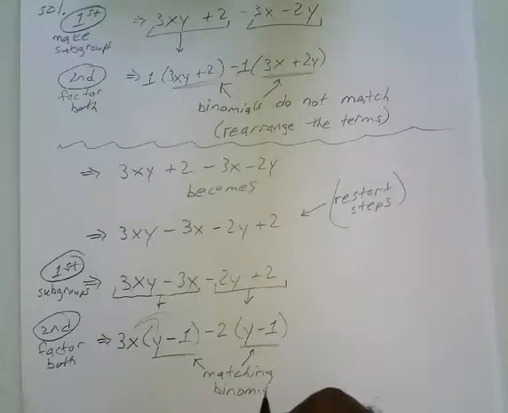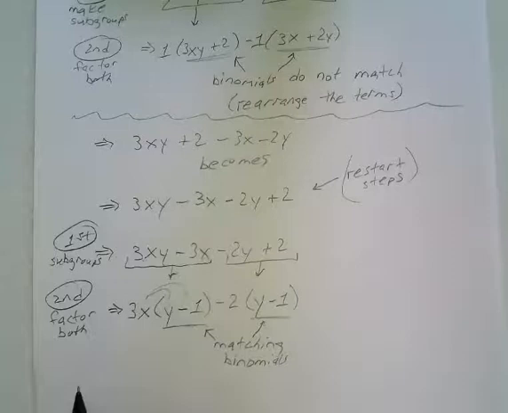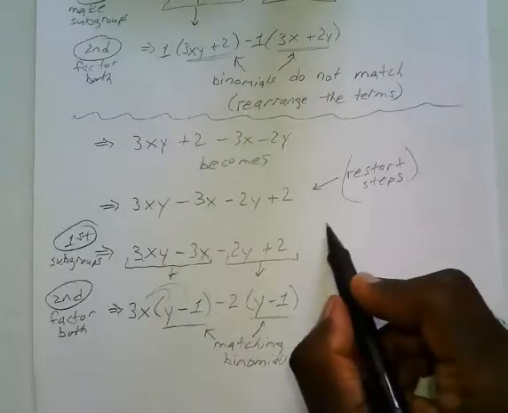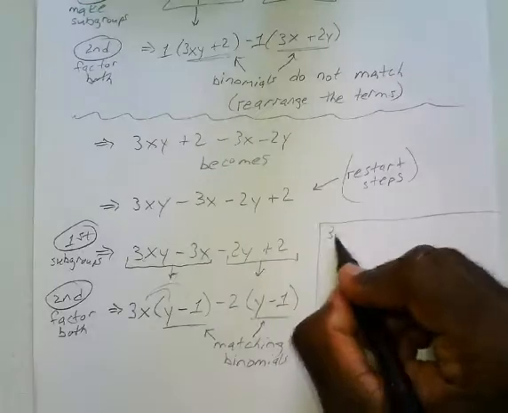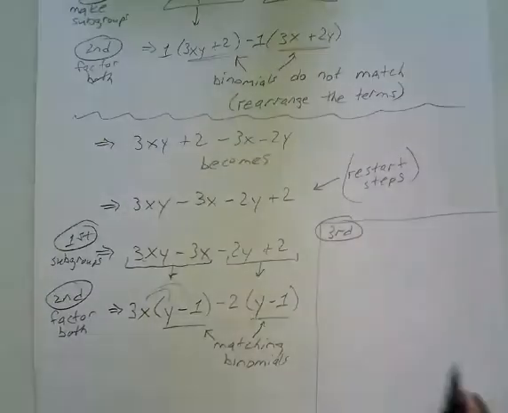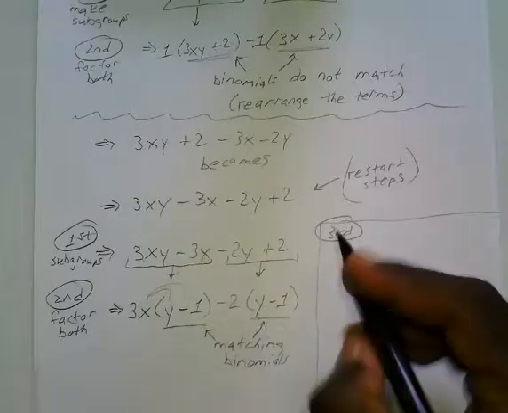Okay, so we have our matching binomials, which means we go right to our third step, and we're running out of room, so I'll do our third step over here. You have your matching binomials, so you just bring that out to the front.